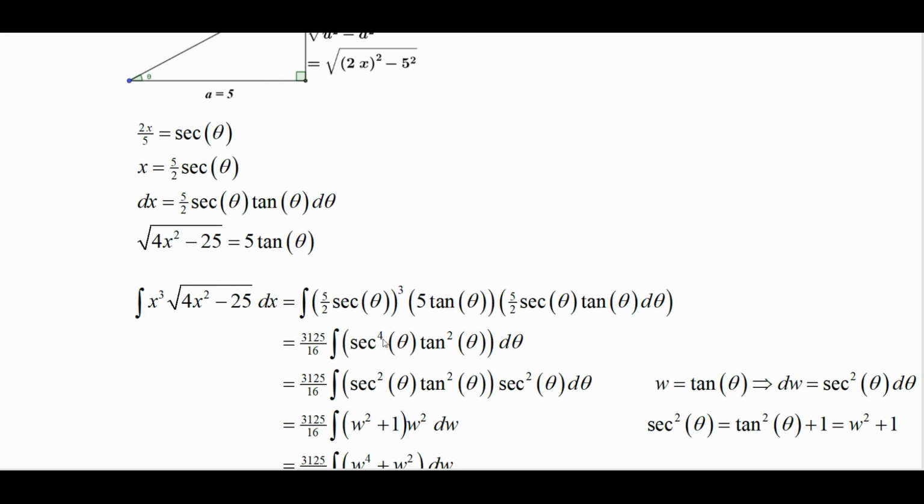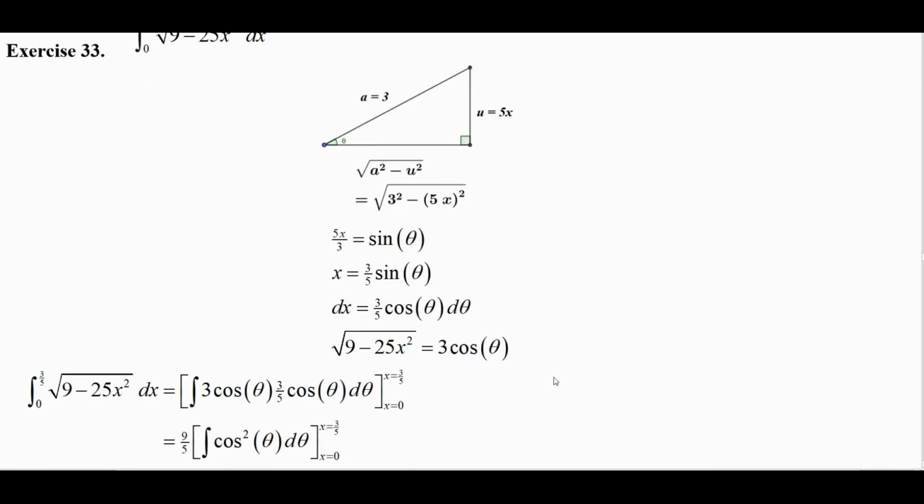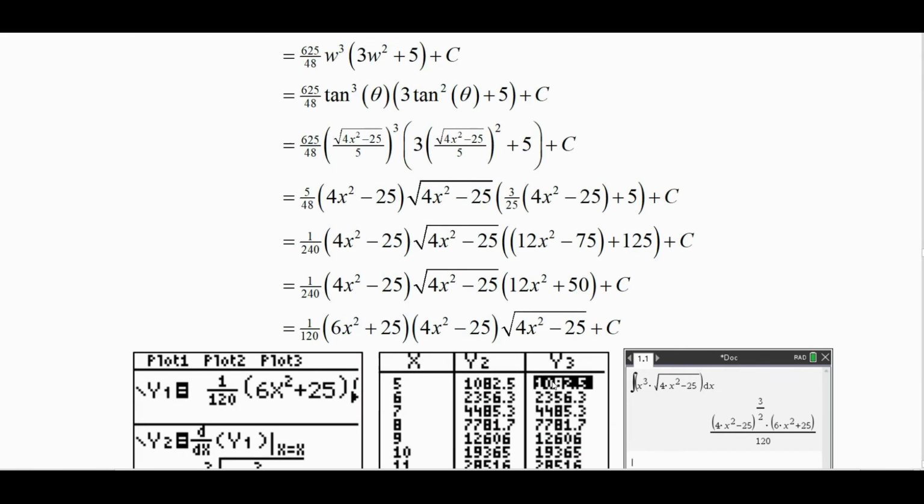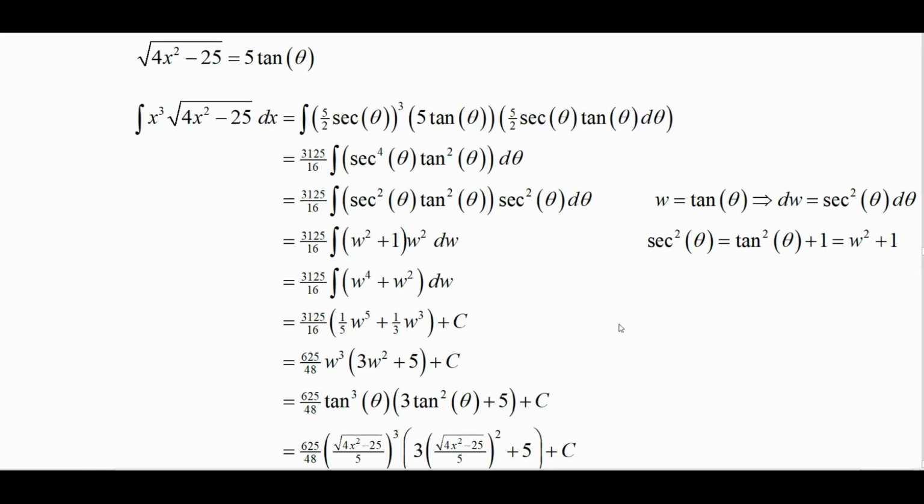All right, now if you remember techniques from last unit, if they're both even powers, we wanted to have a secant squared as being part of the du if we let the u be tangent theta. I've already talked about u up here, so I want to call it w this time. Okay.